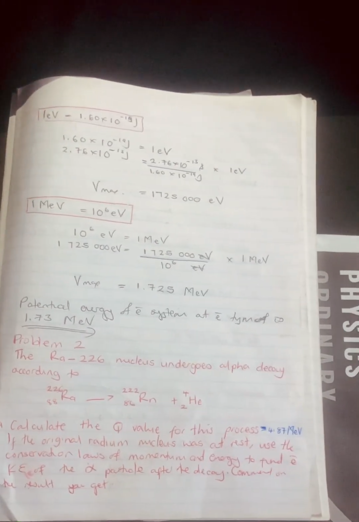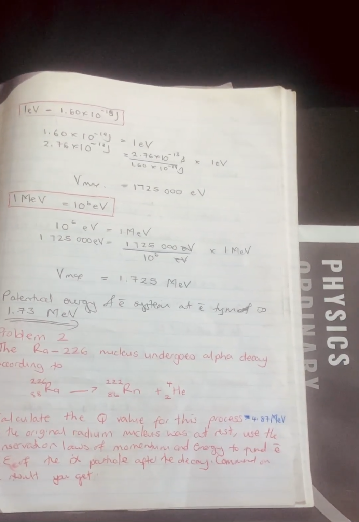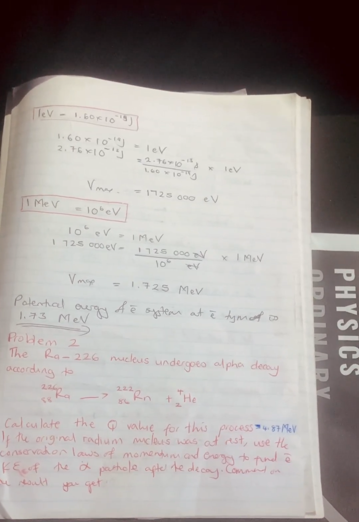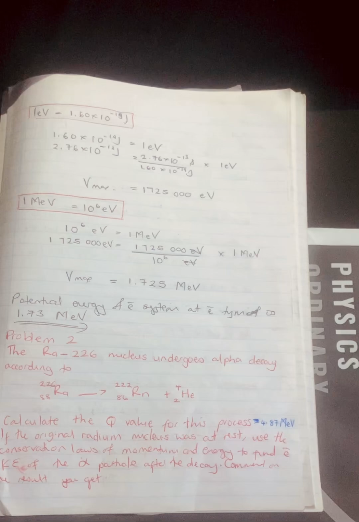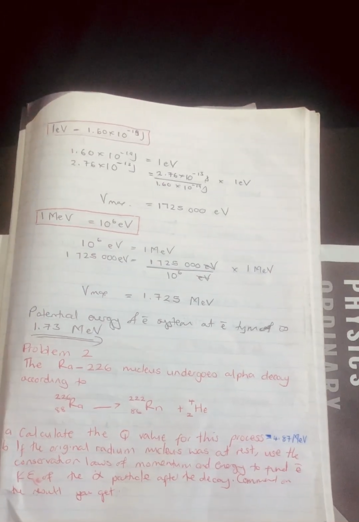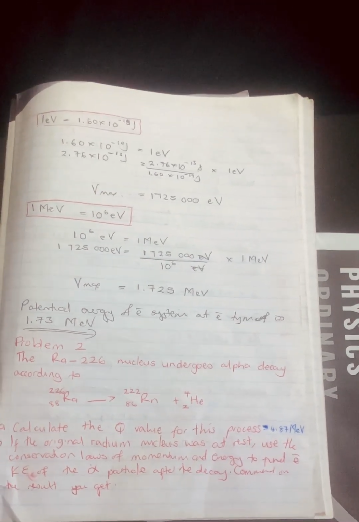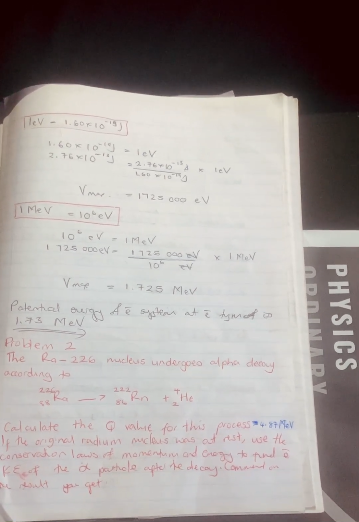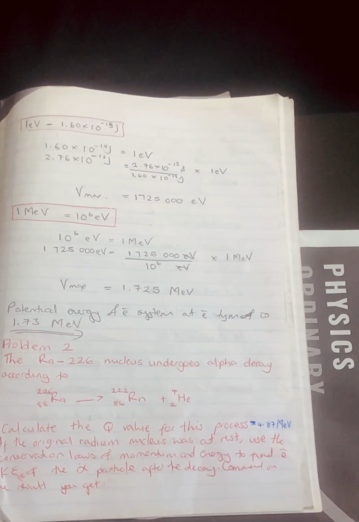We are not just going to find the kinetic energy, but we are going to make use of the conservation laws of momentum and the conservation laws of energy to find this kinetic energy. So can you follow me closely and let's get right on to it.